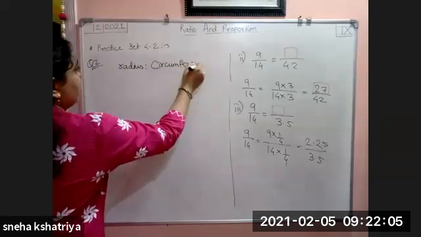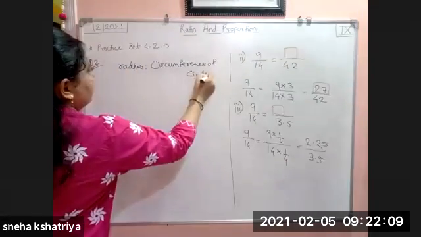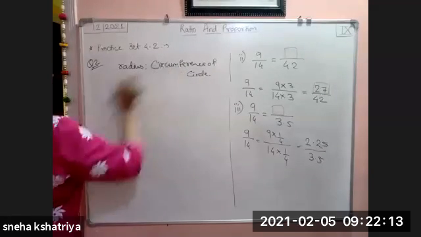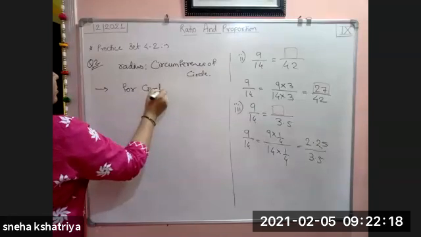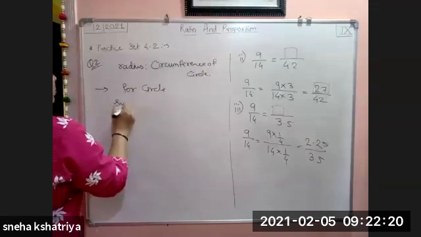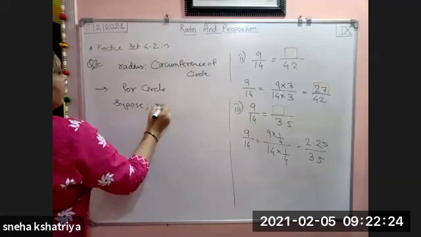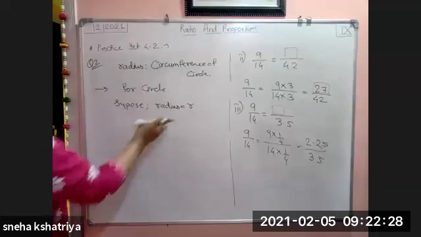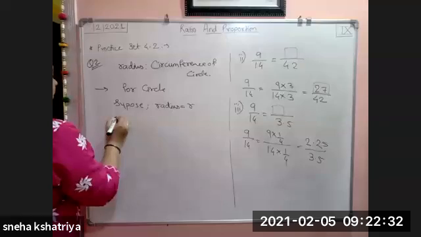So for a circle, we have to find out the radius and circumference. Suppose for a circle, radius is equal to r. And what is the circumference then?